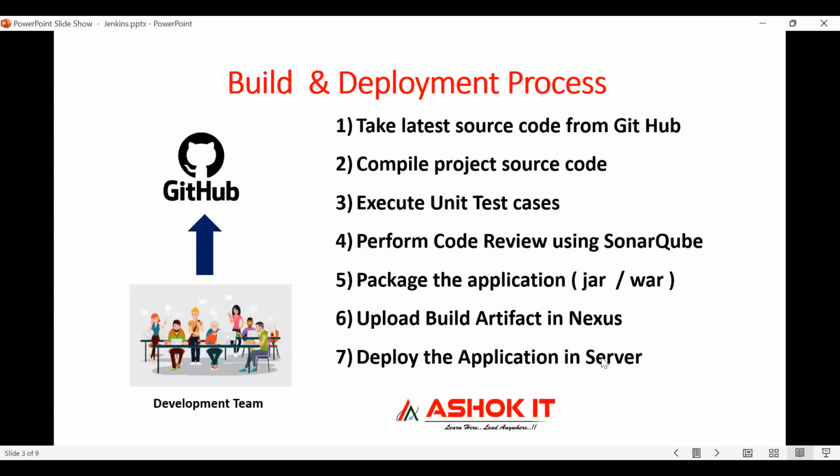This is a web server like Tomcat, JBoss or WebLogic. There are some servers available to run our application. So developers will do the coding, and the operations team will perform this build and deployment. That is called development plus operations, which is equal to DevOps.